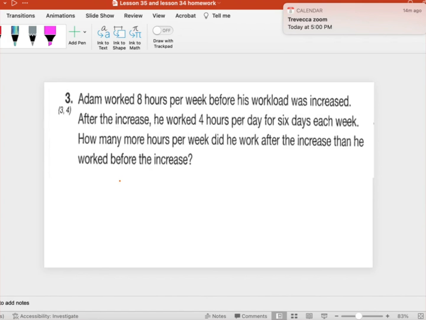So he worked 8 hours per week, per 1 week, before his workload was increased. After the increase, he worked 4 hours per day for 6 days per week.